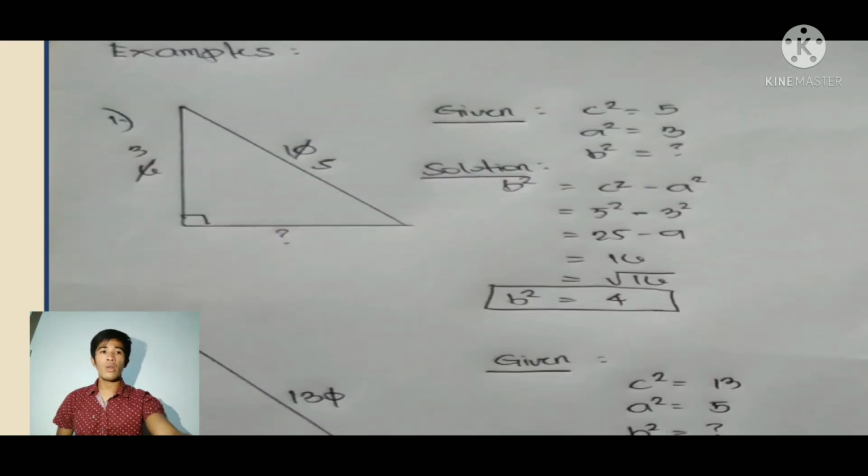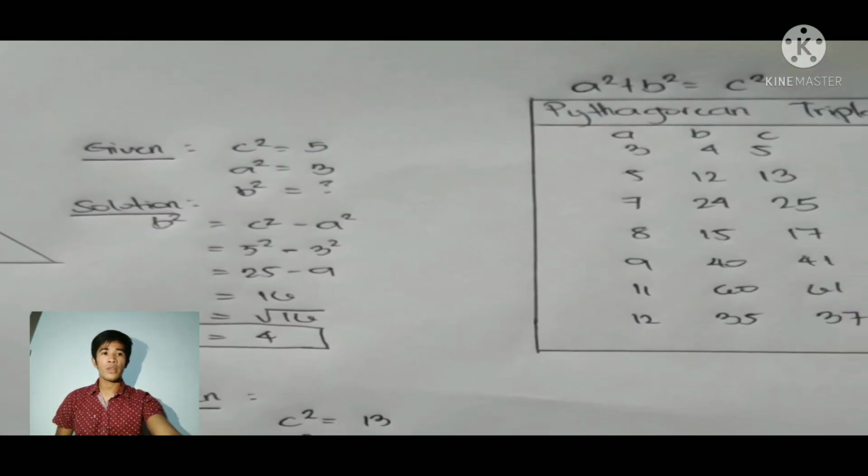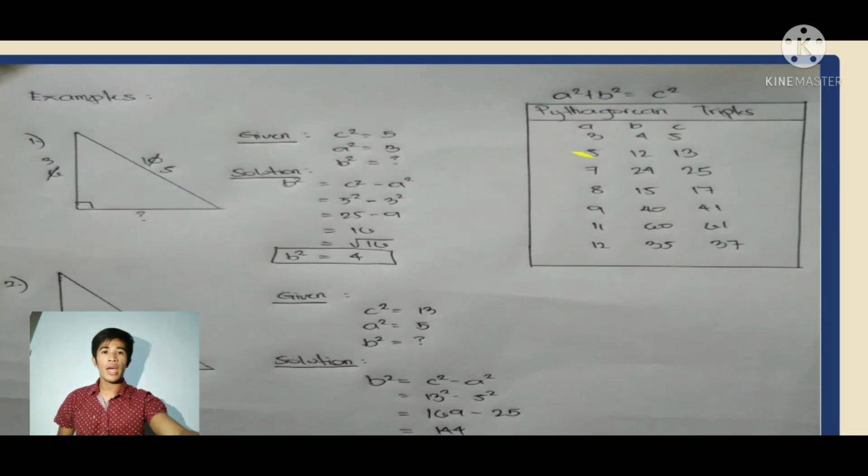So, look at our Pythagorean triples. So, 3 and 5. So, si 3 and 5 ba ay na-under sa Pythagorean triples? Yes. Si 3 under sa A and si 5 under sa C. So, it means our unknown is B, right?